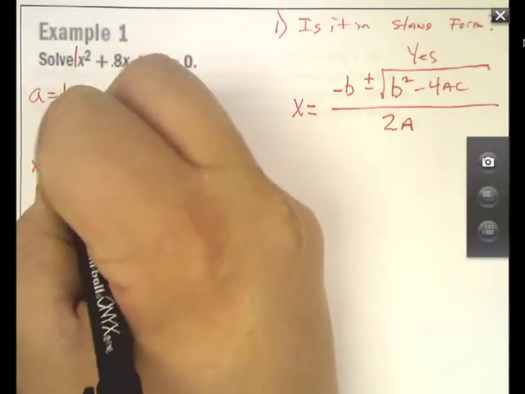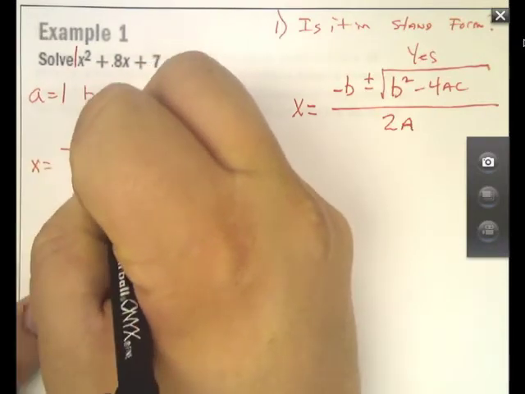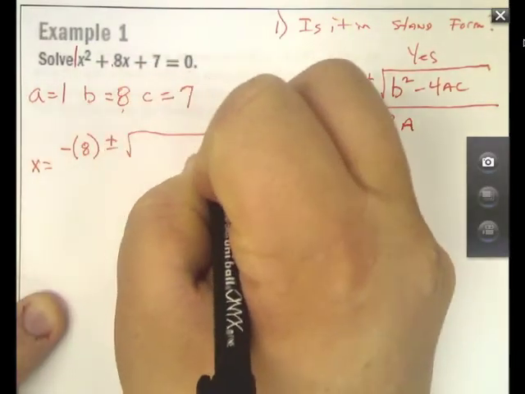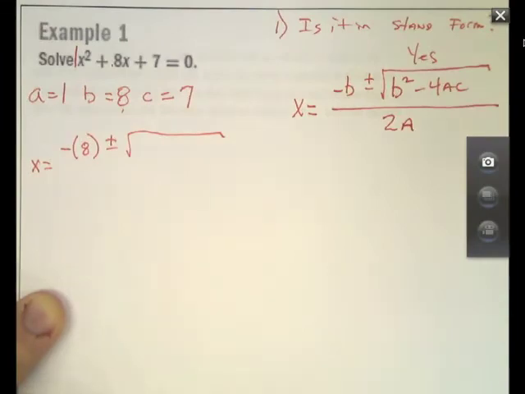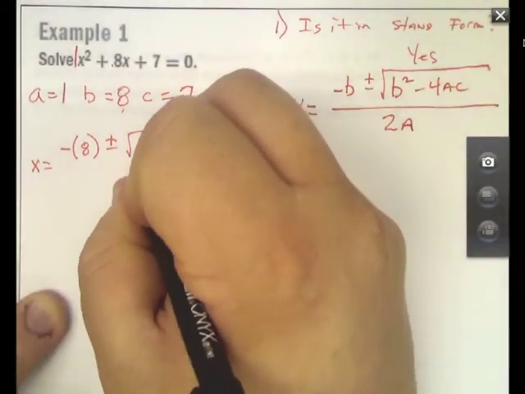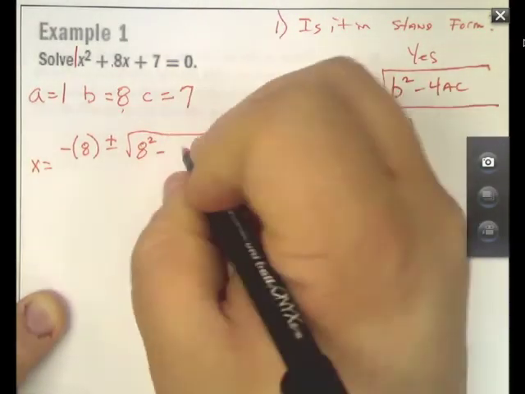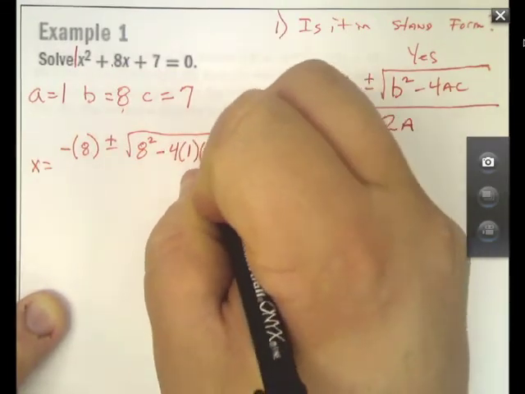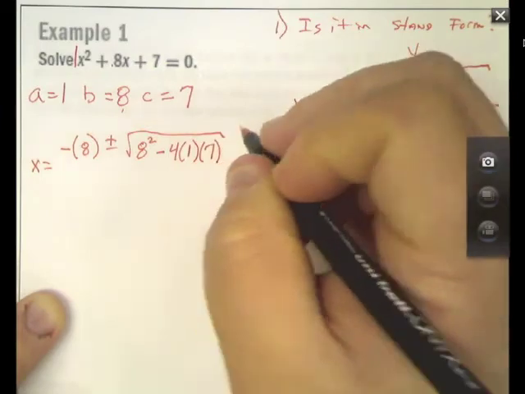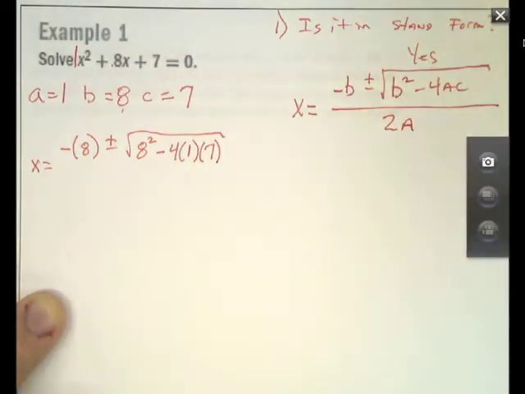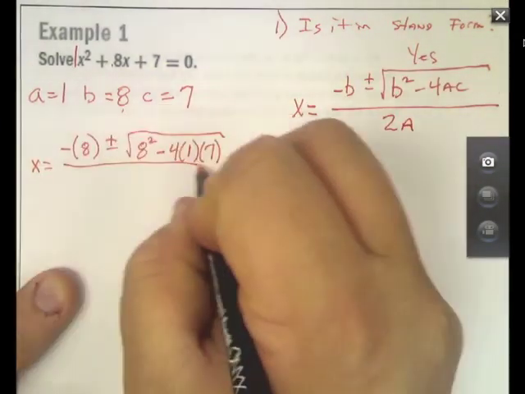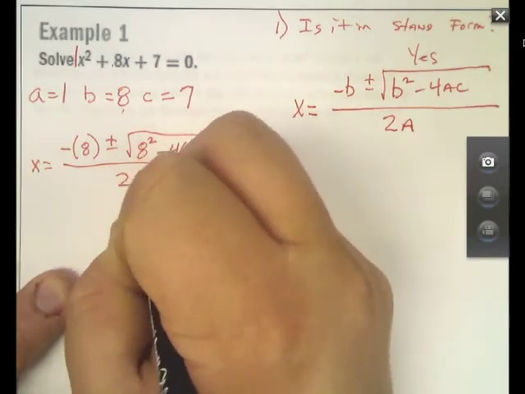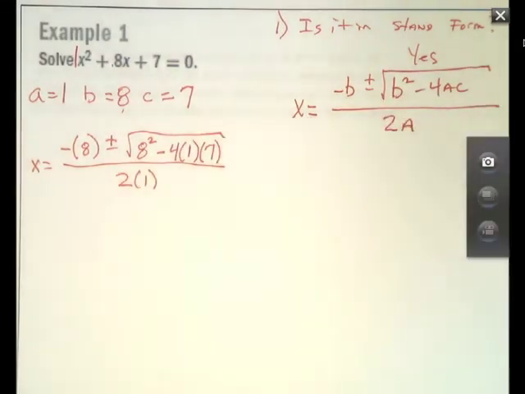So negative b, what's b? B is 8. Plus or minus the square root of b squared. So that's 8 squared, minus 4 times a, which is 1, times c, which is 7. Okay? Divided by 2 times a, which is 1.